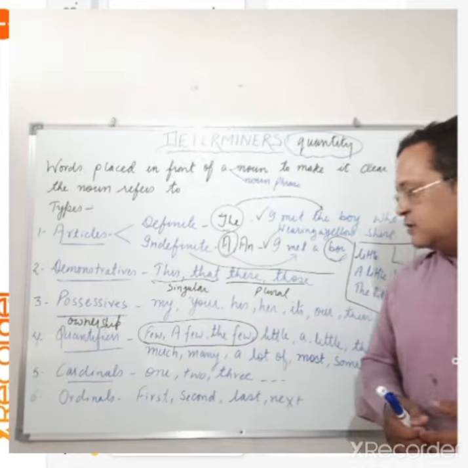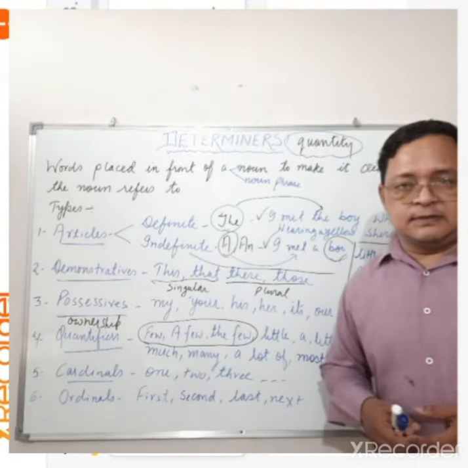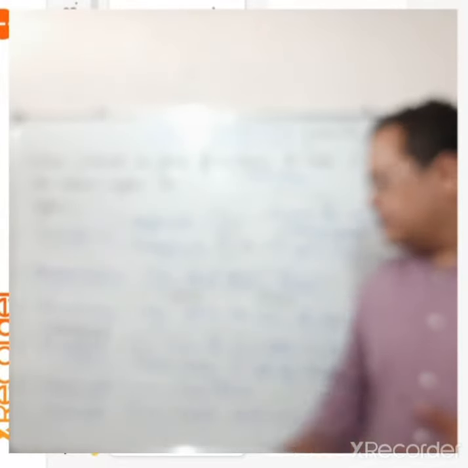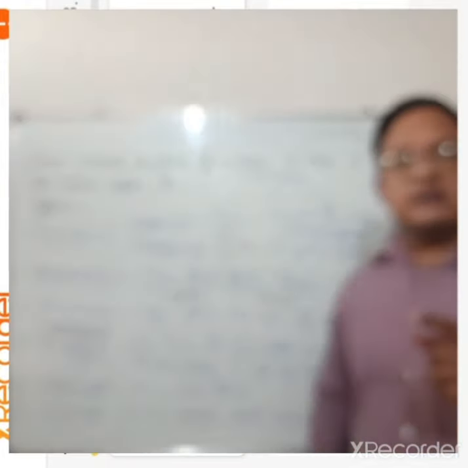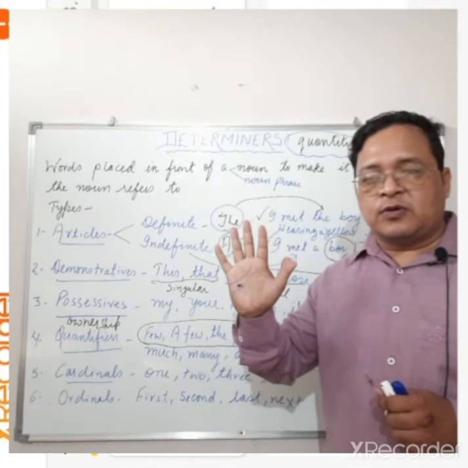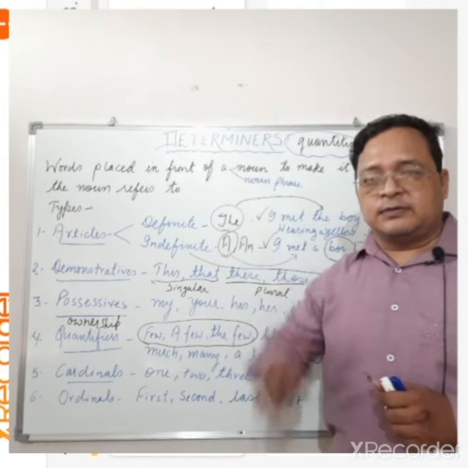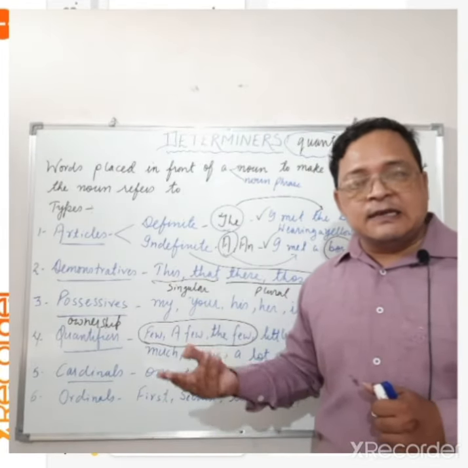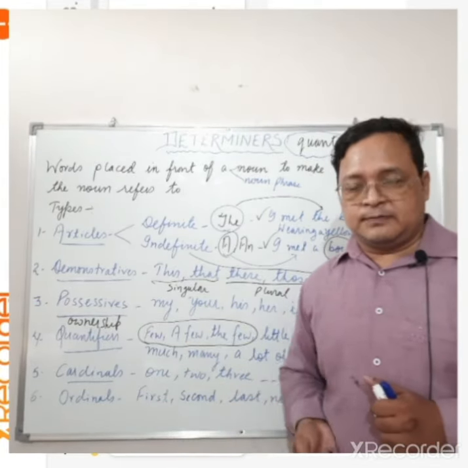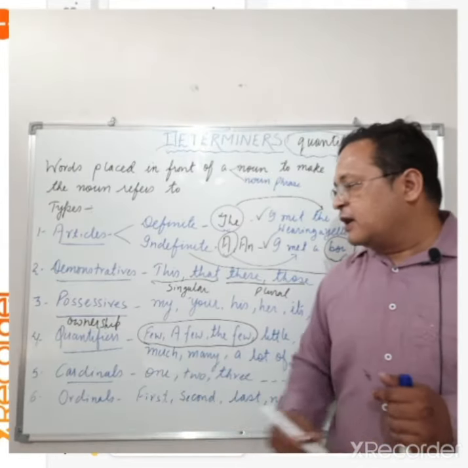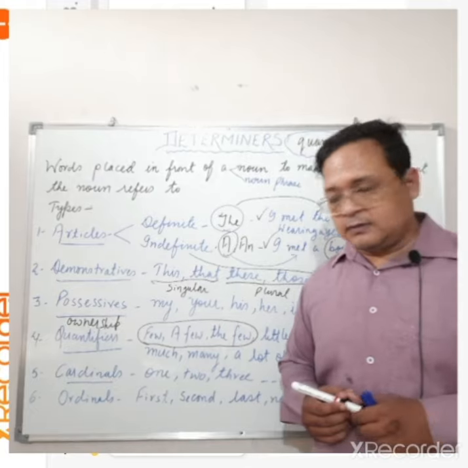Next comes the cardinals. So no need to have a great explanation about these things. Cardinals means 1, 2, 3, 4, 5 and so on. And ordinals means first, second, third, fourth. Actually, what is the difference between cardinals and ordinals?